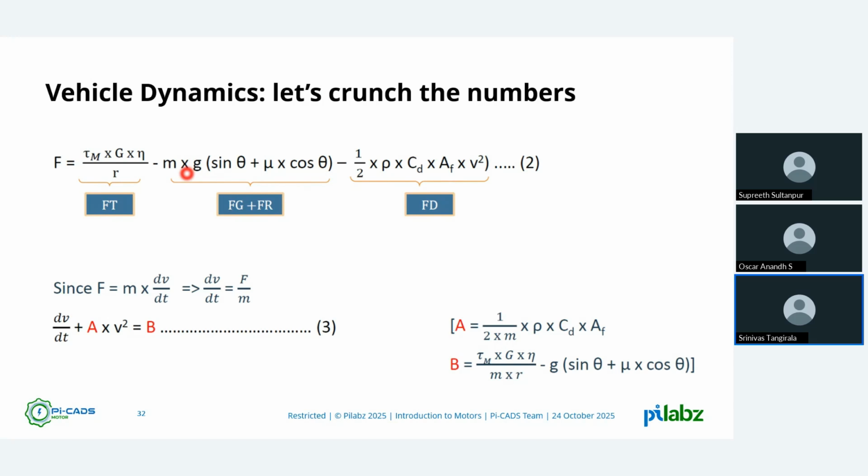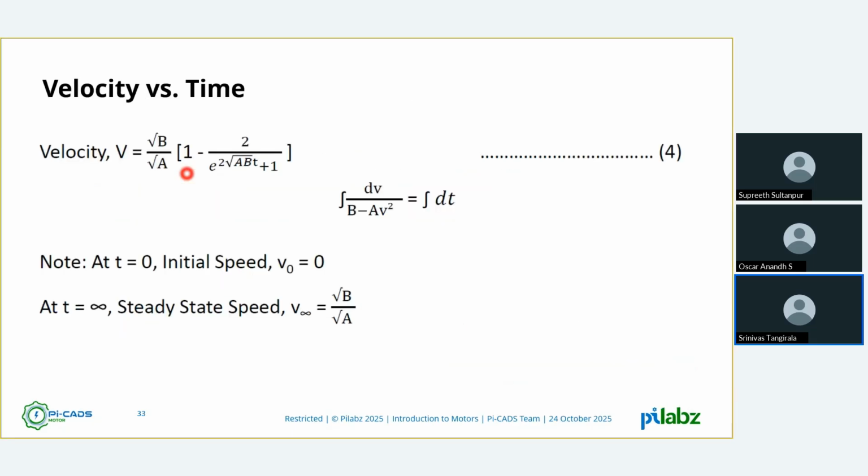If you put all these together, rearrange and get this A term, then you can arrange it as equation 3, as you can see: dv by dt plus A into v square is equal to B. This is the final equation that you need to solve analytically to get the specs of the motor. We'll see that in the next slide. Okay, next slide.